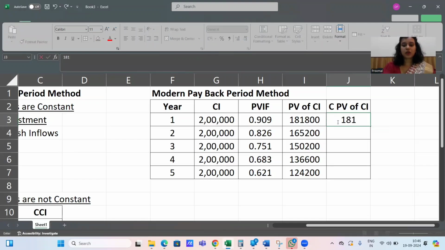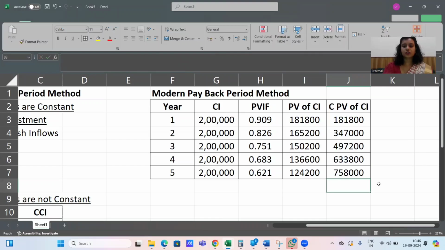So the first year, it's 1,81,800. For the second year, 1,81,800 plus 1,65,200 for the third year. So this way you keep finding out the cumulative of each year. So at the end of the fifth year, I found out what is the cumulative cash inflows.